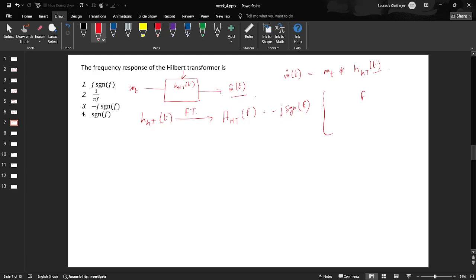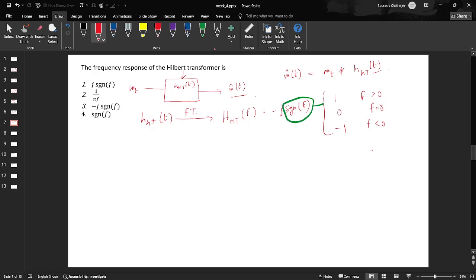First of all, consider the positive frequency range. What value can it take? Let us instead of talking about the whole part, talk about only the sign of f part. For f positive, it takes value 1, for f negative, it takes value -1, and for f equal to 0, it takes value 0.